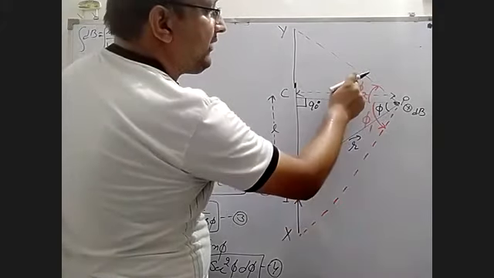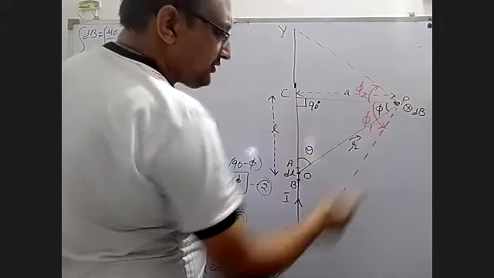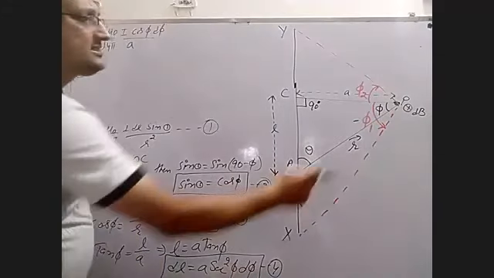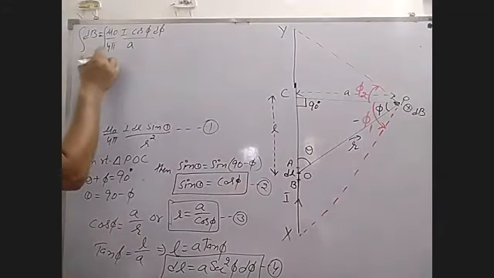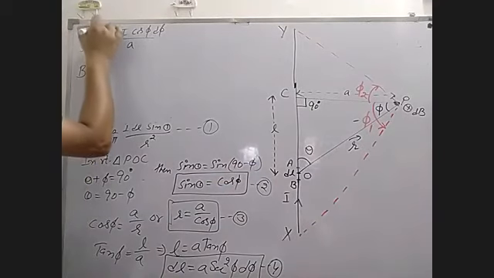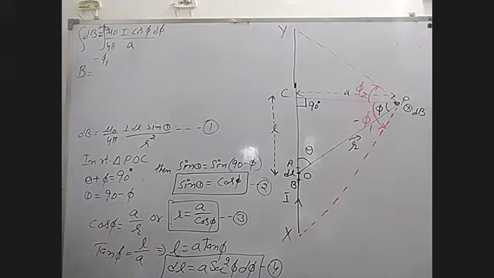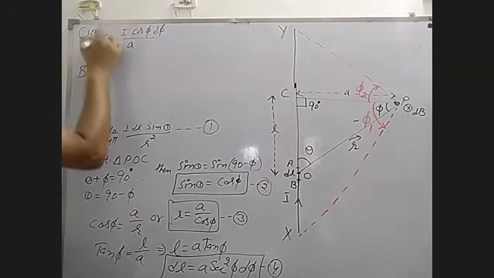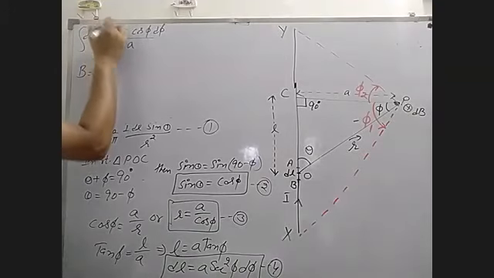Phi 1 to phi 2. But the direction is opposite. This is downward, this is upward. So take this downward with minus phi 1 and this one is plus phi 2. This is the limit of phi.